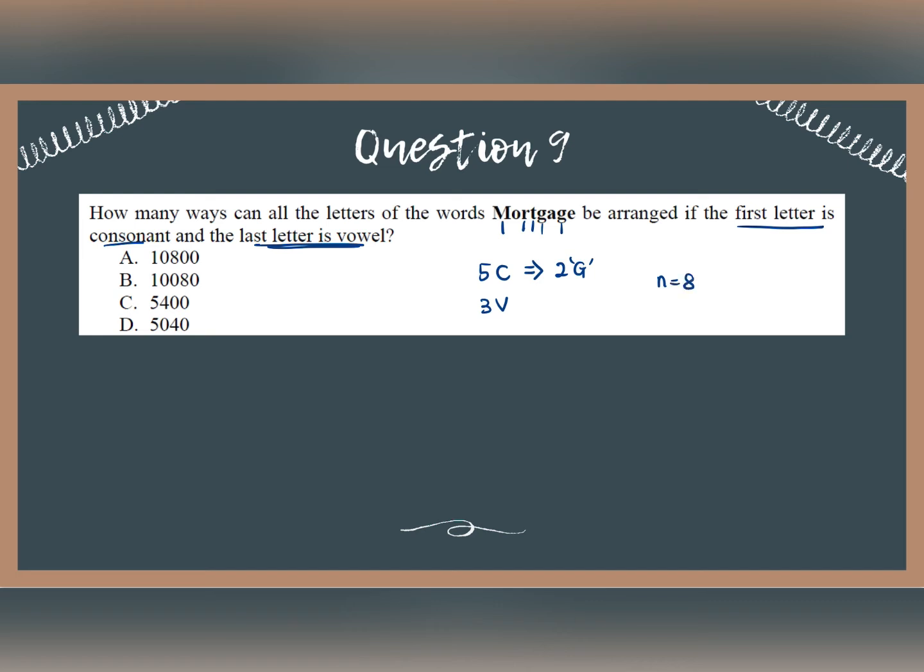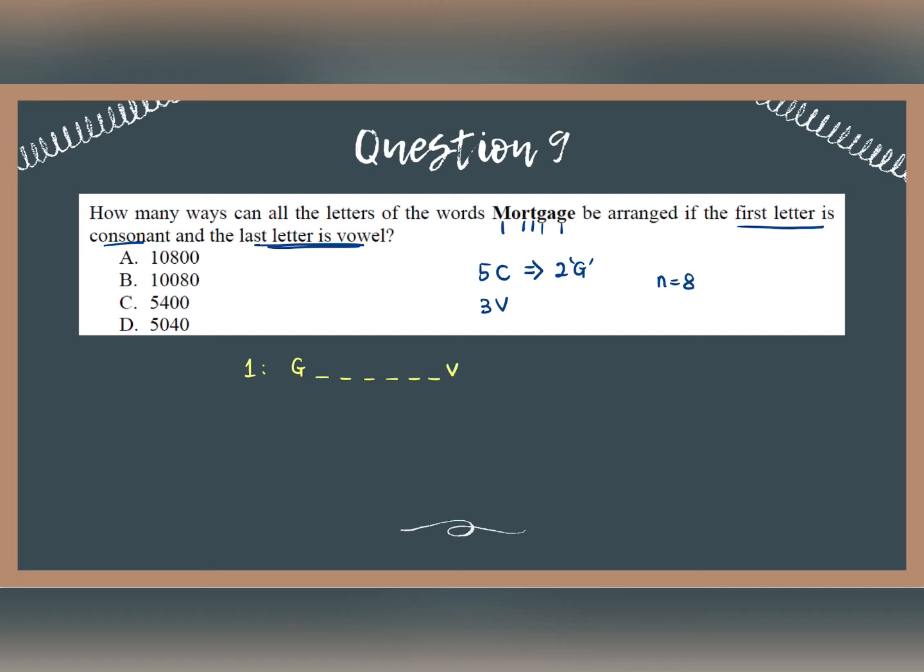Okay, now bila dia kata the first letter should be consonant and the last letter is vowel, consonant, we need to consider kita ada start dengan G dengan selain G. Okay, so I'm going to make it into 2 cases. So case yang pertama merujuk kepada dia start dengan G. And then 1, 2, 3, 4, 5, 6, ending dia adalah vowel.